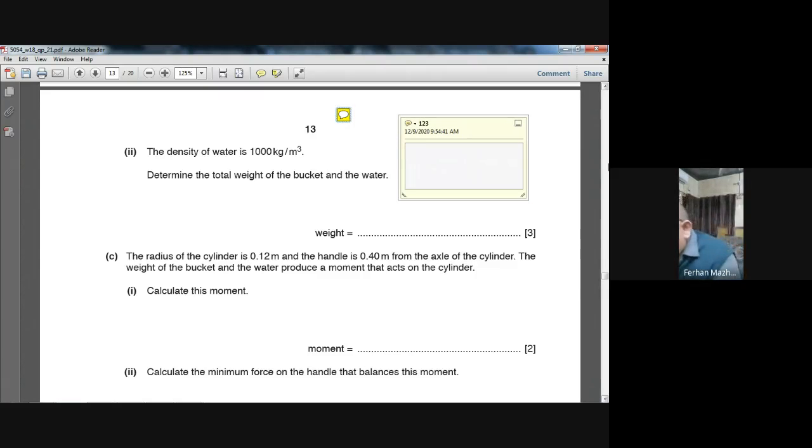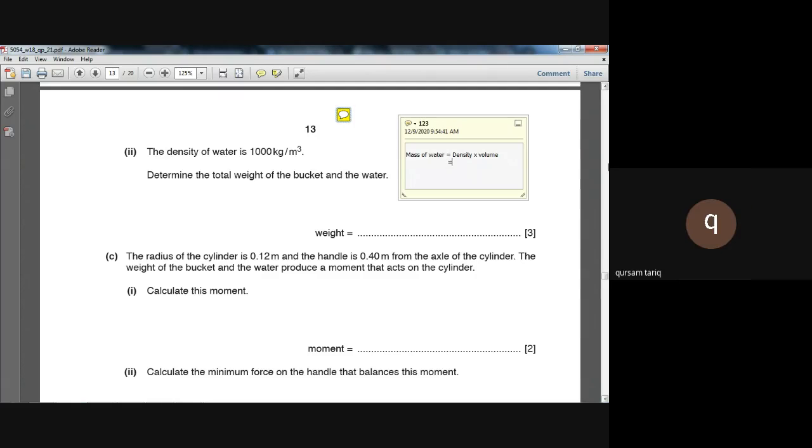What we want to find out first of all is the mass of water, the water only. You have its density. You just multiply it with the volume. Kusam, do you have a calculator?